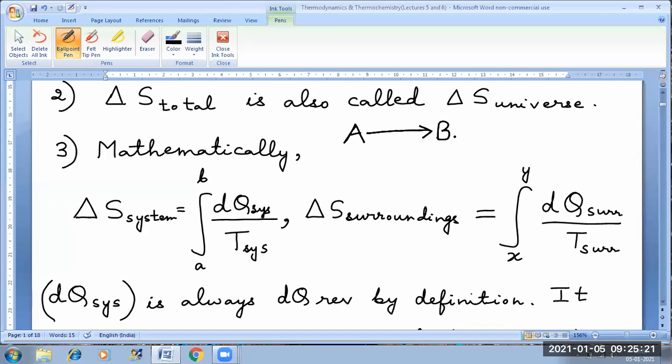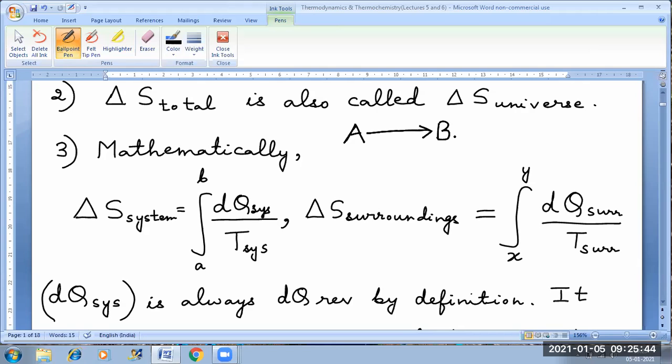If I'm talking about dq of system, then I have to look at the reversible path only, which means that whatever reversible path is possible between A and B has to be chosen for calculating the value of dq of system.